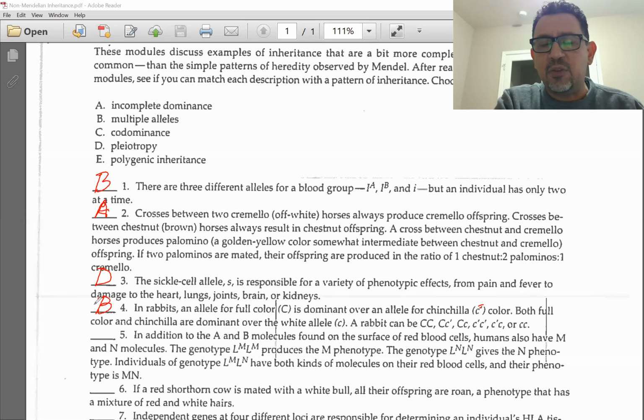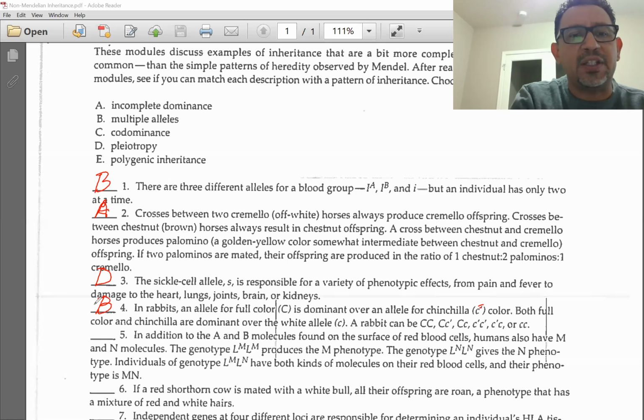People can inherit the allele for antigen M and the allele for antigen N. And when they have one of each of the 2 alleles, the red blood cells express both antigens, M and N. Their phenotype for this particular characteristic of red blood cells is going to be M and N. So whenever you have this situation, you have 2 alleles and both are equally expressed, one is not expressed more than the other, this is going to be a case of codominance or shared dominance.